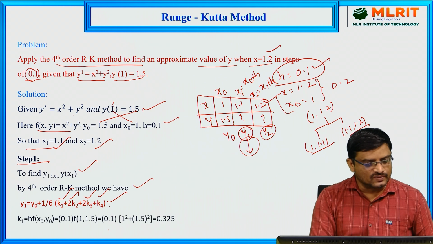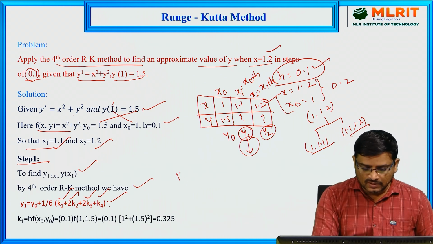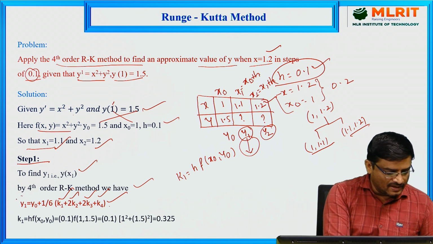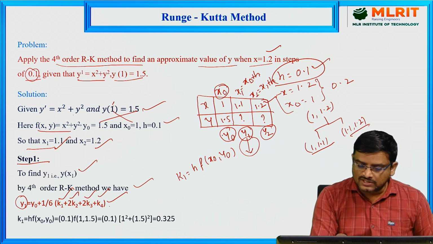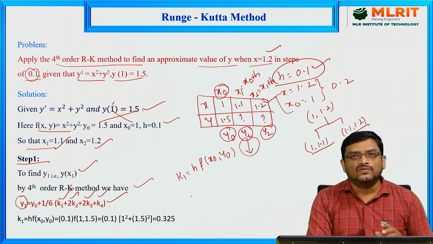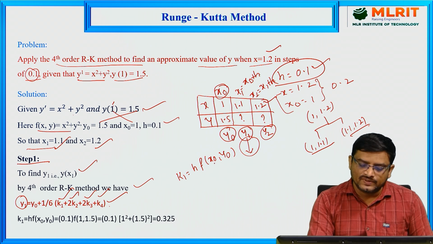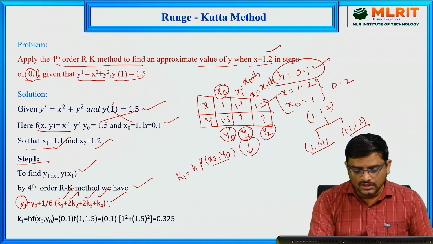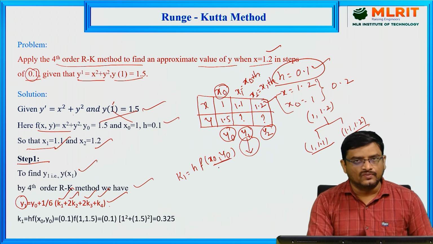Now we will see how to find the k1 value. We have the formula k1 is equal to h into f of x0 comma y0. Since we are finding the value of y1, we have to consider x0 and y0 as the initial values. In the function, in place of x we take x0, and in place of y we take y0.